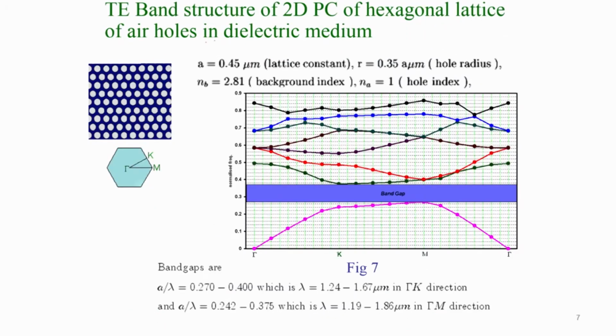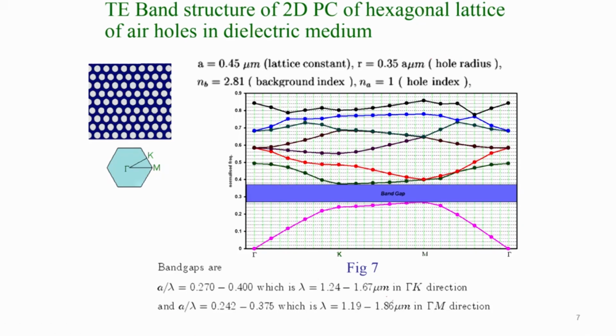So, this is a band structure for a 2D photonic crystal of a hexagonal lattice of air holes in the medium, and this is the K direction, this is the M direction, and so on. Here you have a lattice constant of 0.45 micron, a hole radius of 0.35 micron, a dielectric contrast of 2.81 and a hole index of 1.